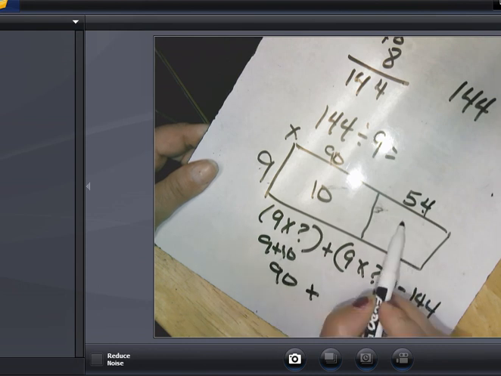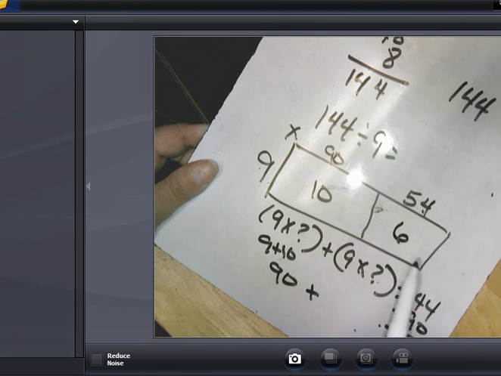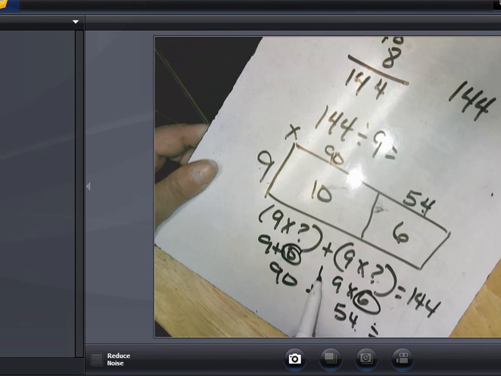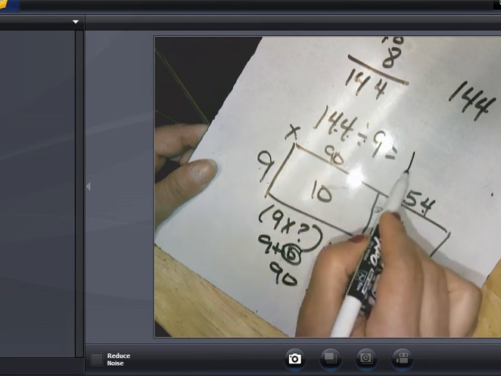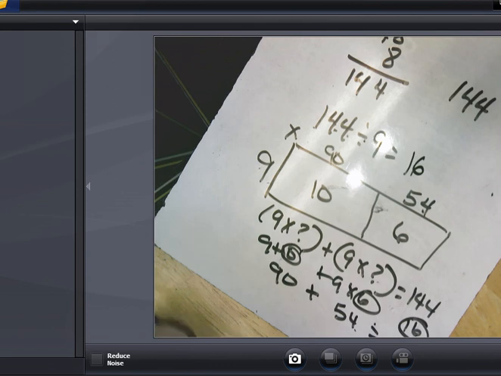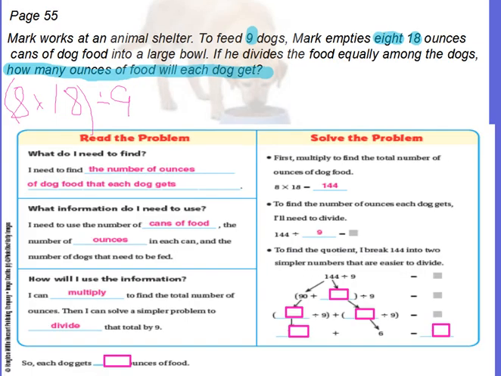Well, I know that 9 times 6 is 54, so I can put 9 times 6, and it got me to 54, which equaled my 144. But what did I use to get those? I got 16. So 144 divided by 9 is 16. Here's the same steps we did.